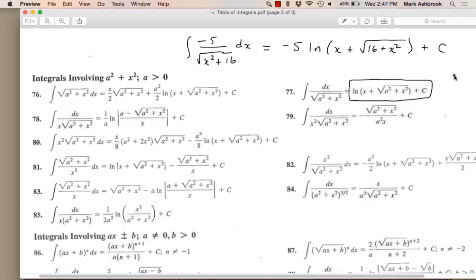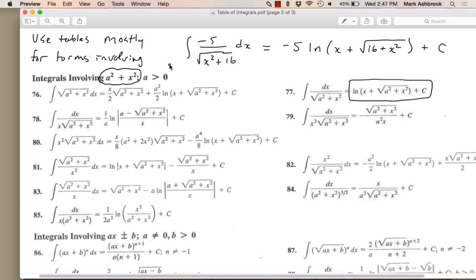Okay, so there may be exceptions, but for our sake, we're going to be using these tables mostly for forms involving a squared plus x squared, a squared minus x squared, and x squared minus a squared.